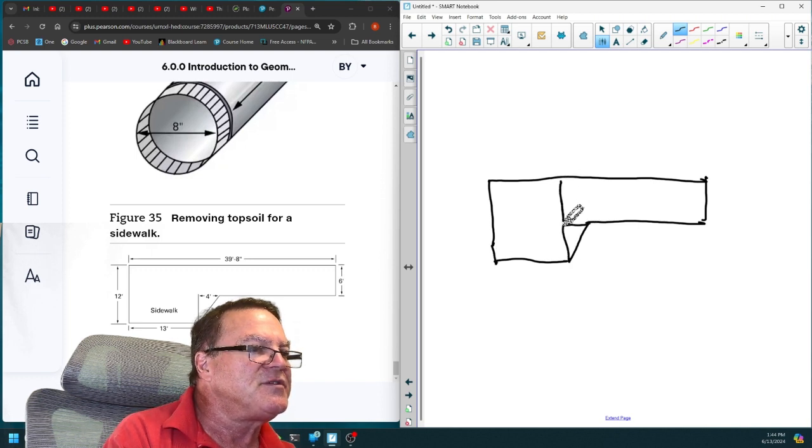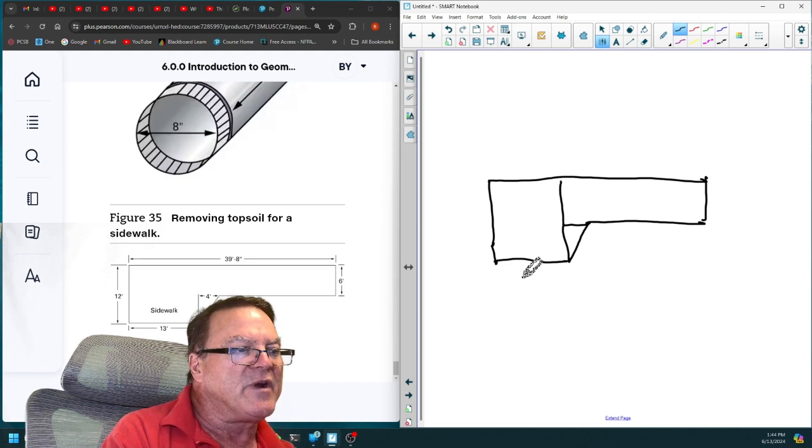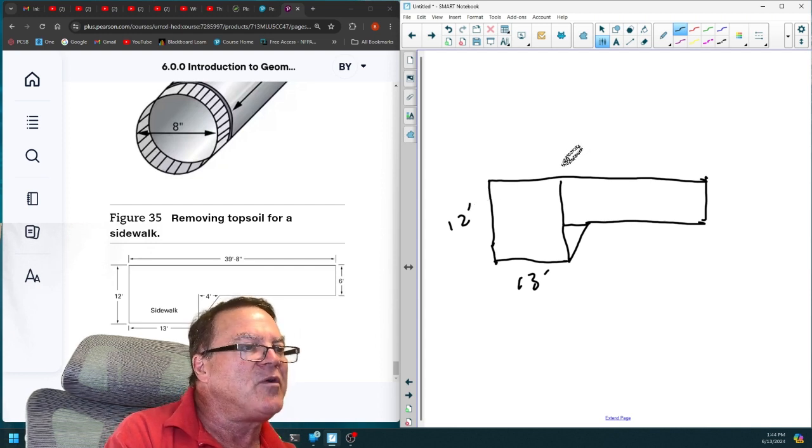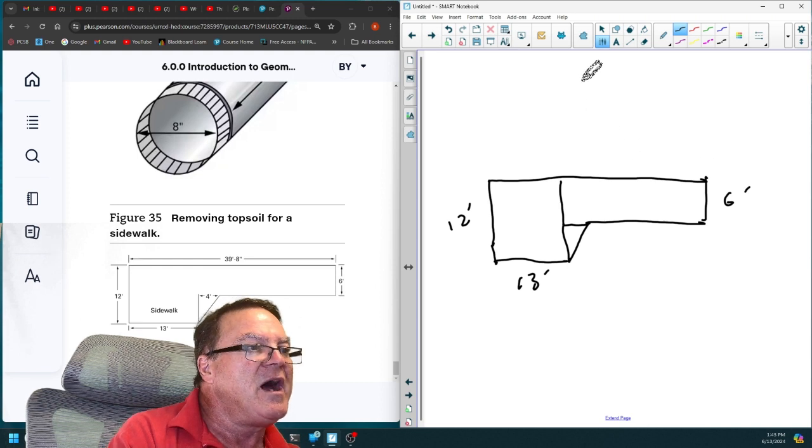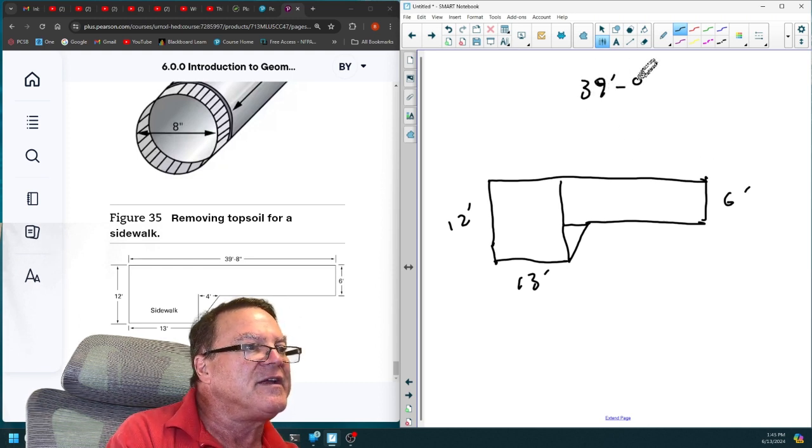I'm going to break it into a rectangle that's 13 feet by 12 feet. And then I'm going to make this one 6 feet by 39 feet 8 inches minus 13 feet, because we're going to stop here.